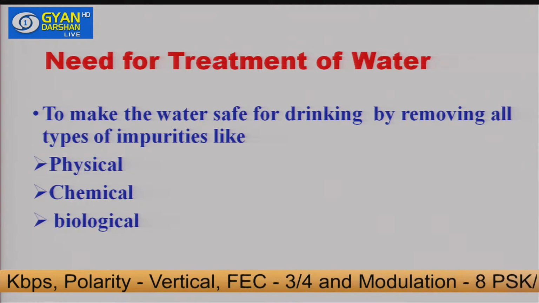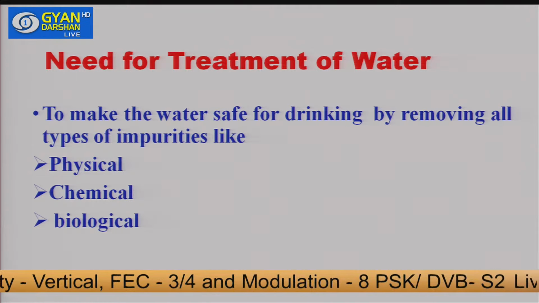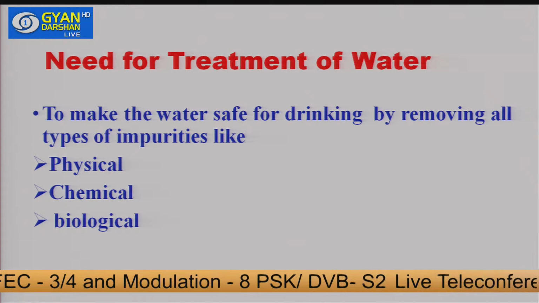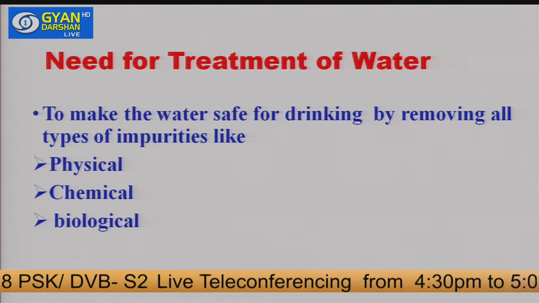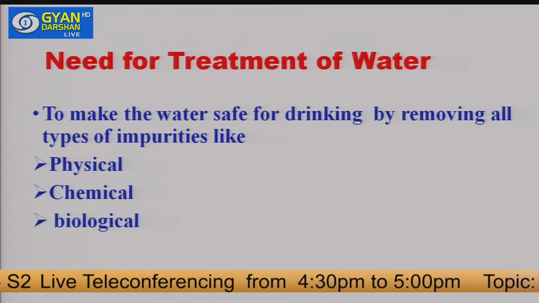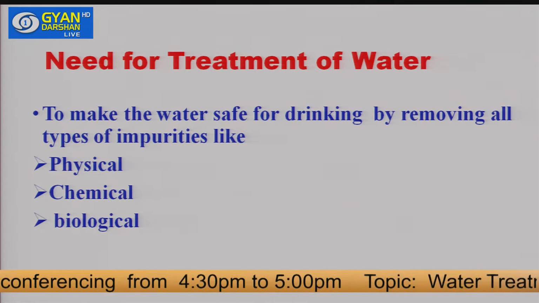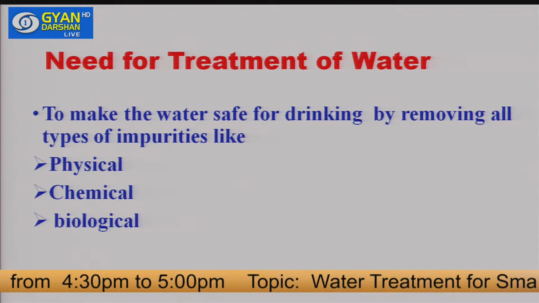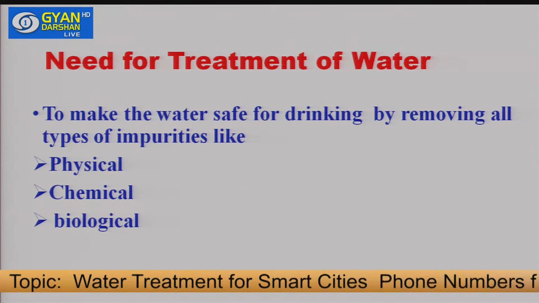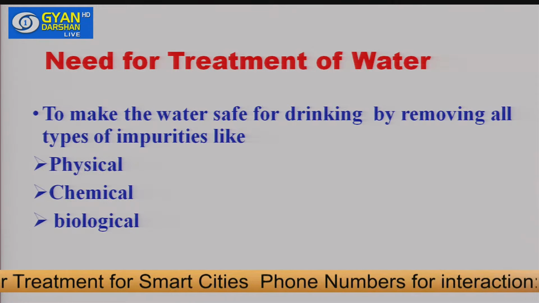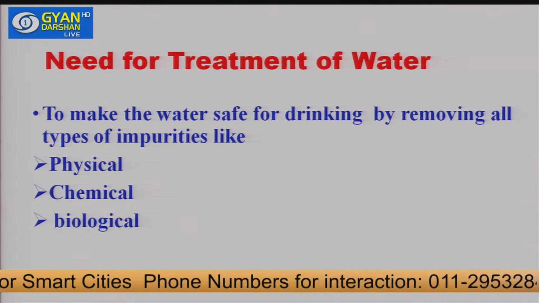These impurities are divided into three groups. The purpose is to remove these impurities from water so that we can make it safe for drinking, because water which is not safe for drinking may cause a lot of diseases in the population.